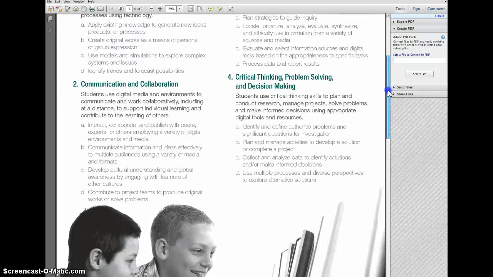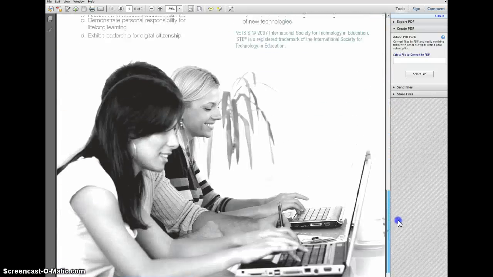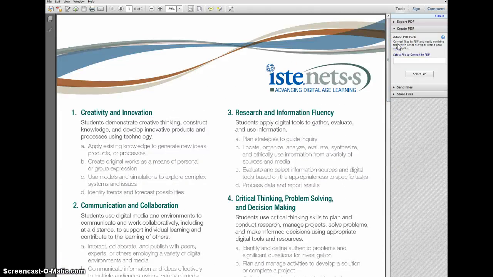So for example, the 6 standards outlined here are for P12 students. They are applicable to any grade level, any age level, any content area. Curriculum standards would focus specifically on a grade level or a subject area.